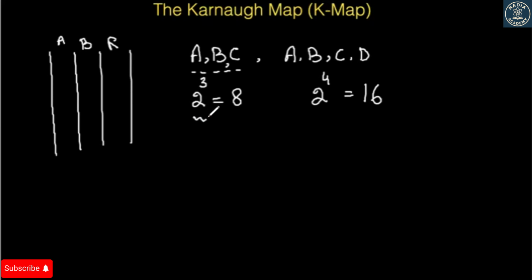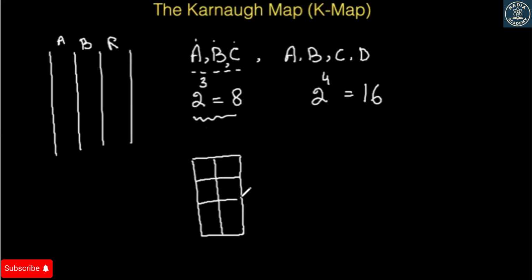First, let's start with some examples of three variables. So how do we arrange this map? For example, say the domain of our Boolean expression is ABC. In this case, we will have a total of 8 cells. We can arrange the 8 cells in the following way: four along the horizontal direction and two along the vertical direction, like this over here.